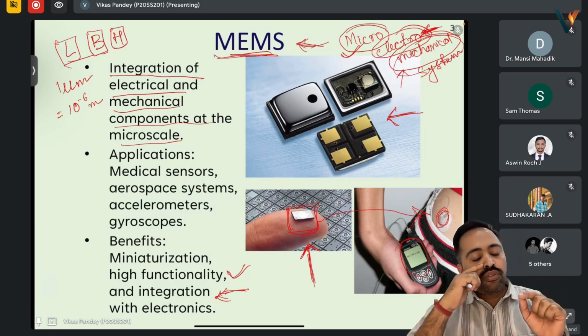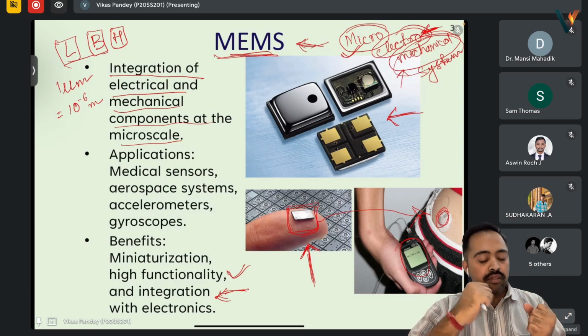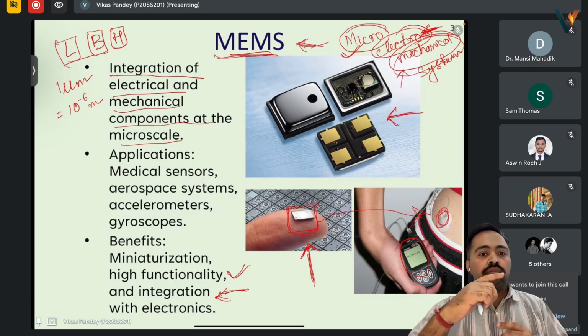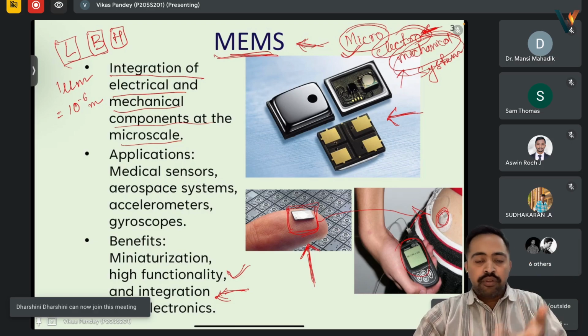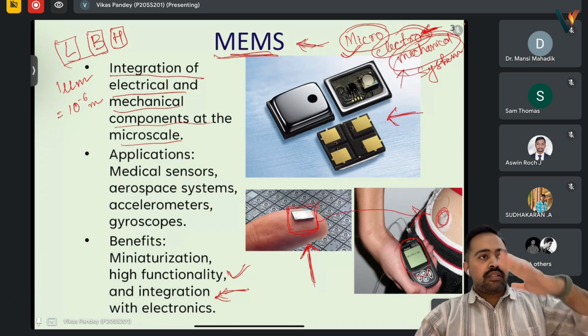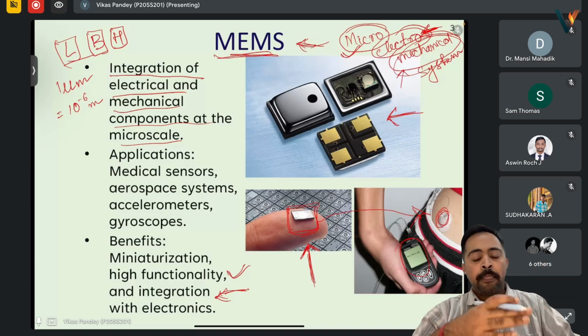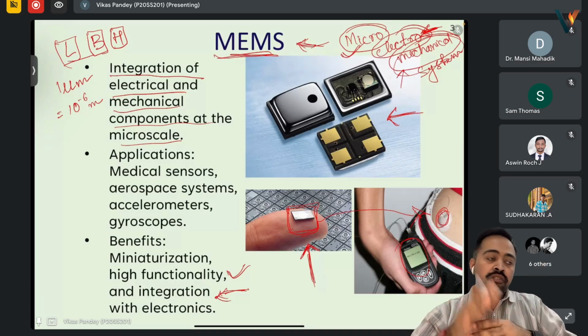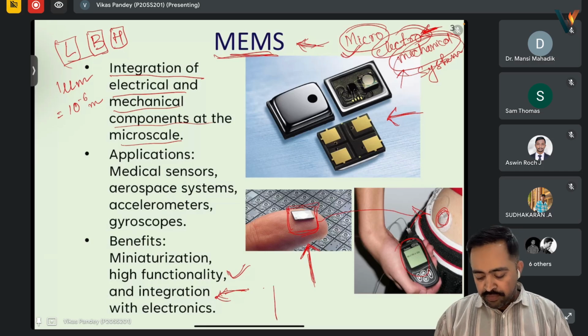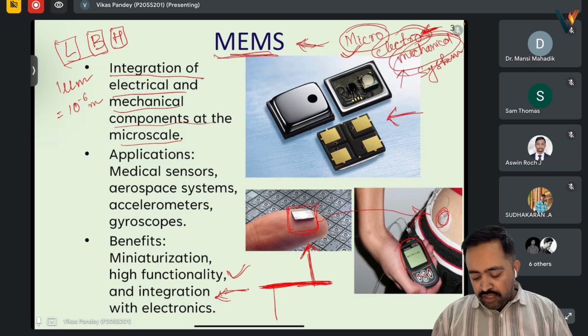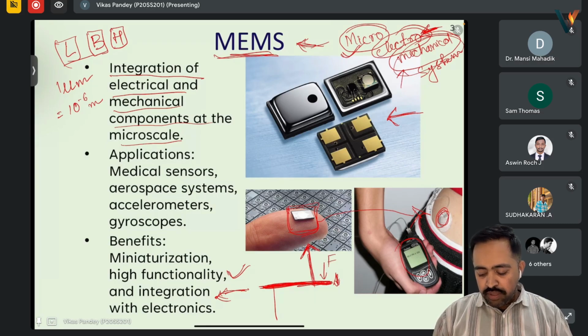The output used to be mechanical work, like a pulley system, or we will see a cantilever system where something is oscillating or moving. Suppose you have a hanging pillar or cantilever, and it is vibrating due to the force being put upon it.